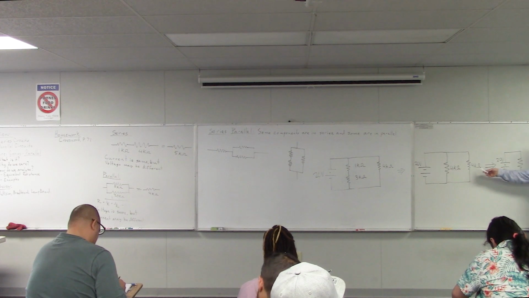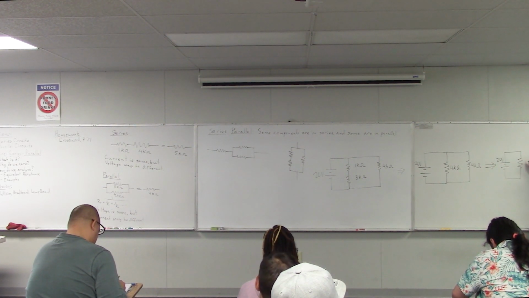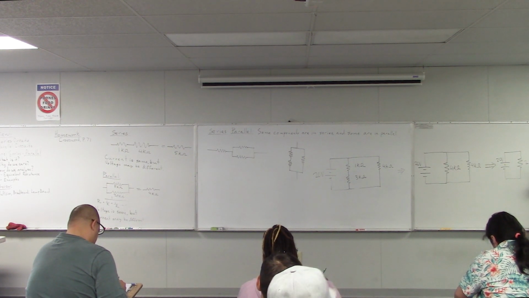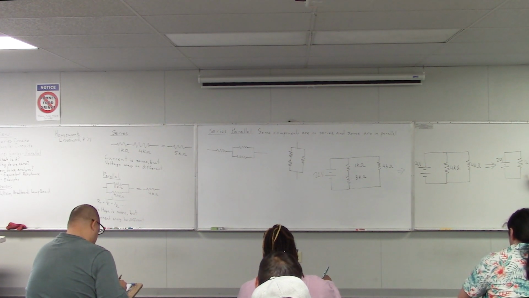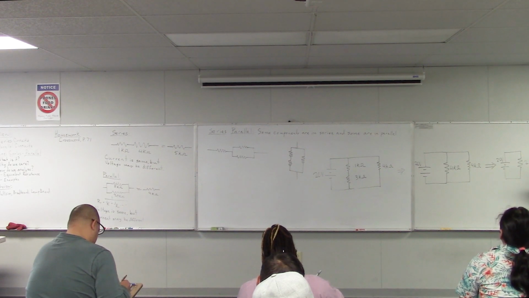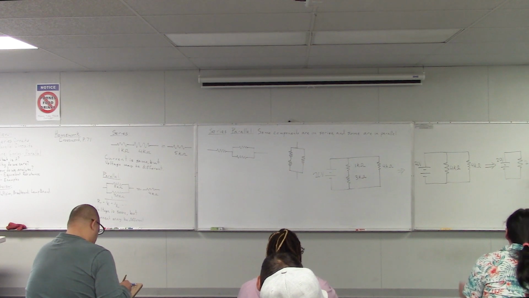So one resistor is 4 kilo ohms. We got two of those, so the equivalent there is 2 kilo ohms. And now, when we get down to just one resistor value for the entire circuit, that's our equivalent resistance. So for this circuit, we could say that the equivalent resistance is 2 kilo ohms.